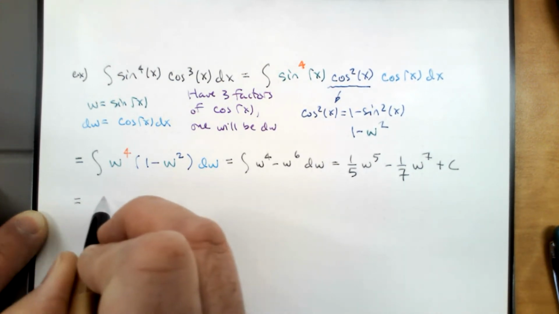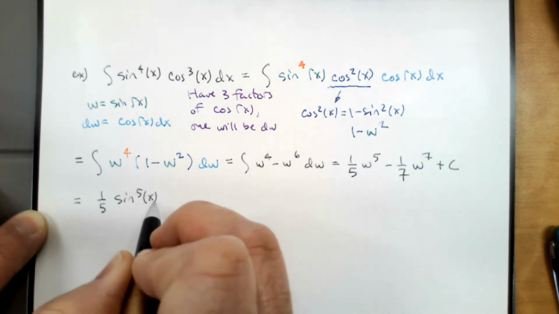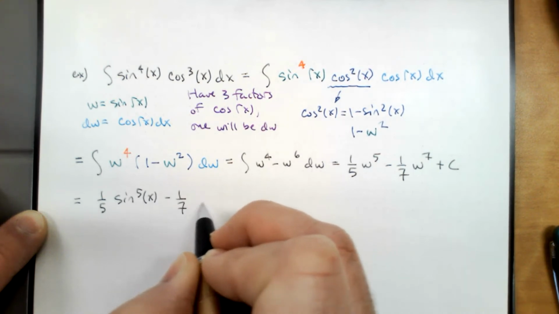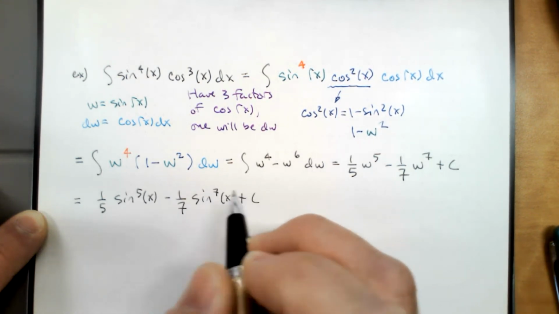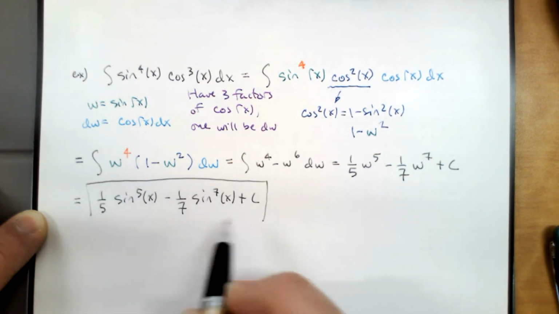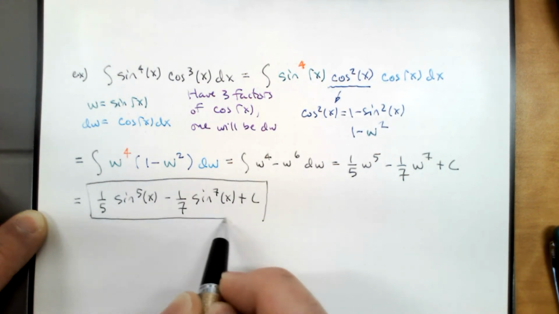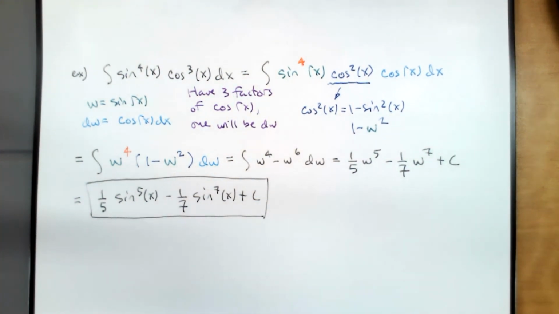And so our final answer is 1/5 sine to the 5th x minus 1/7 sine to the 7th x plus C. How's everybody okay?